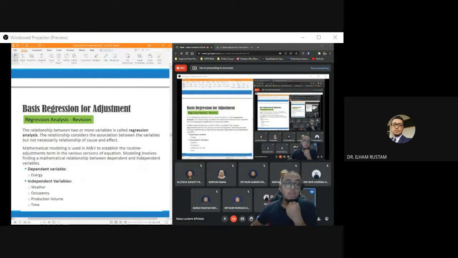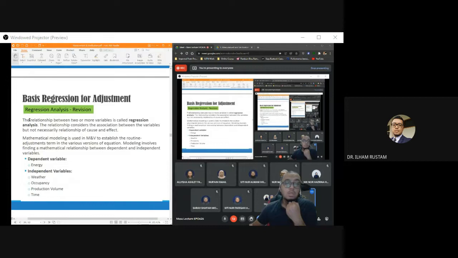This one is the one that I've just briefed to you earlier in this class, which is the Q-sum chart, cumulative sum chart. So the relationship between these two or more variables is called regression analysis. So regression analysis is the one where we explore the relationship. Again, I would like to remind you the equation that we got from the Excel sheet, the y equals mx plus c from earlier.